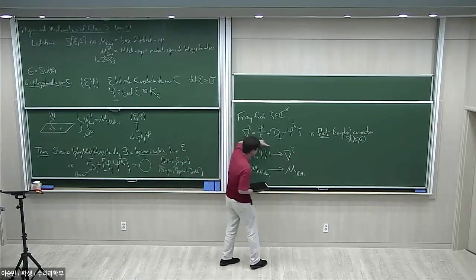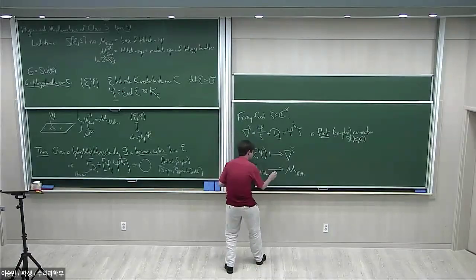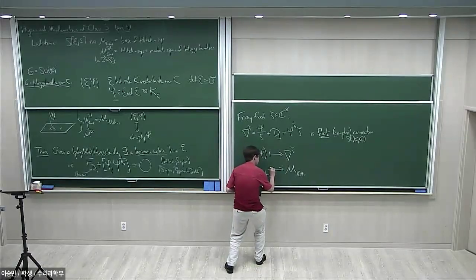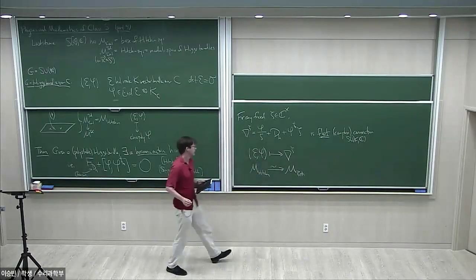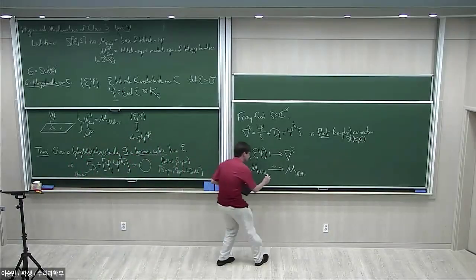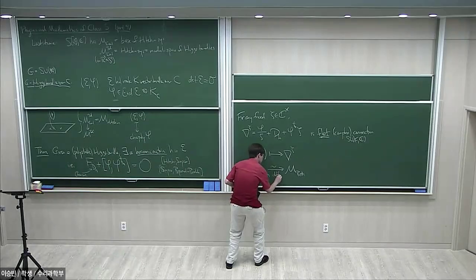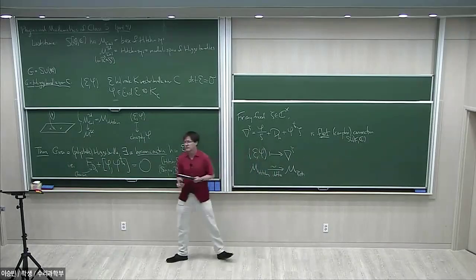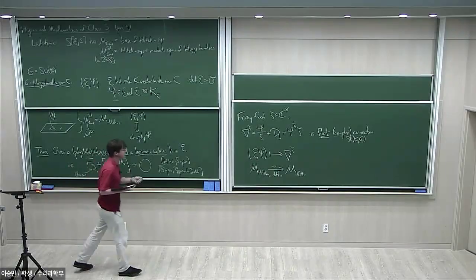So here we have a Higgs bundle, here we have a flat connection. And the corresponding map on moduli spaces is actually a bijection, so a diffeomorphism. On the other hand, absolutely not complex analytic, right?